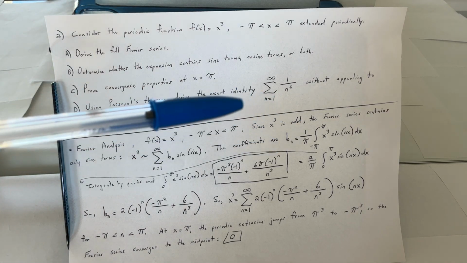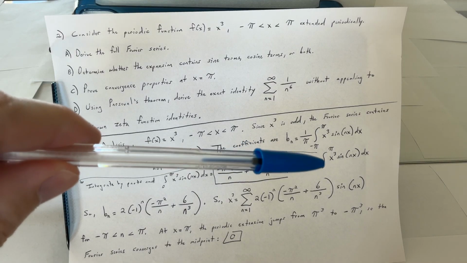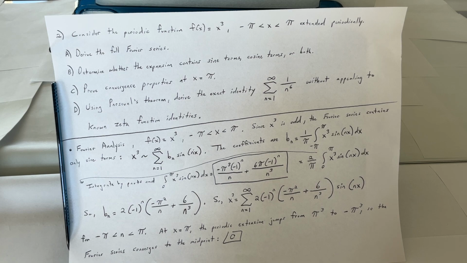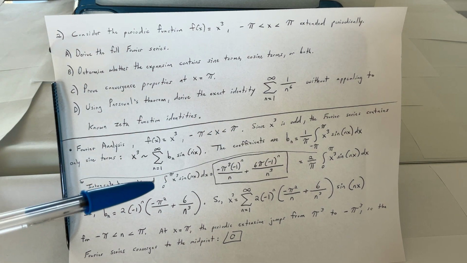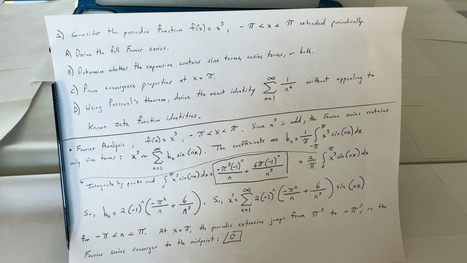Now from here, that's 2 over pi. We could change it to 2 over pi times the integral from 0 to pi of x cubed sine of nx dx. And then after integrating by parts, this integral from 0 to pi of x cubed sine of nx dx becomes negative pi cubed times negative 1 to the n over n, plus 6 pi times negative 1 to the n over n cubed.